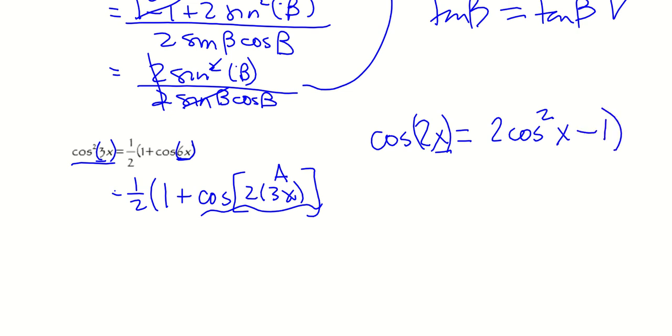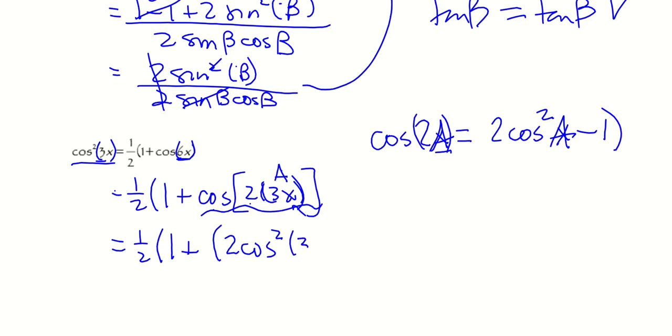My angle is 3x, which I called A. So I have 1/2 times 1 plus the cosine of 2A, which is the same as 2 times the cosine squared of A, which in this case is 3x, minus 1.